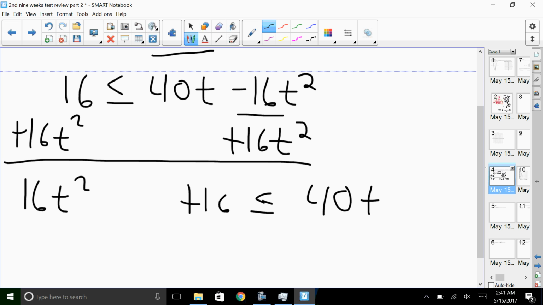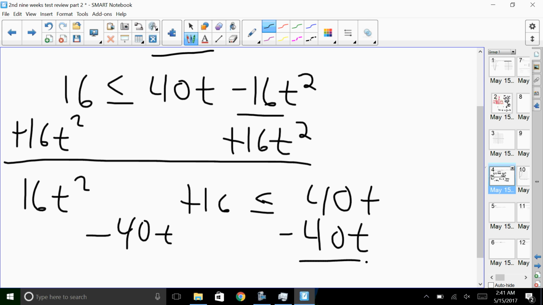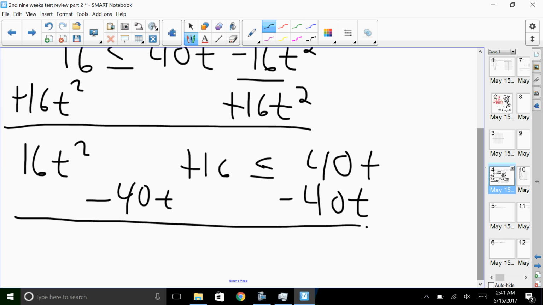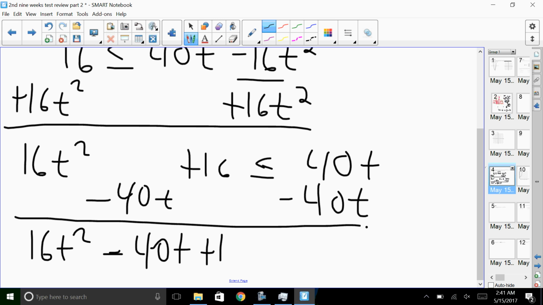And I'll put a space there because I'm going to move the t to that spot. So 16t squared minus 40t plus 16.